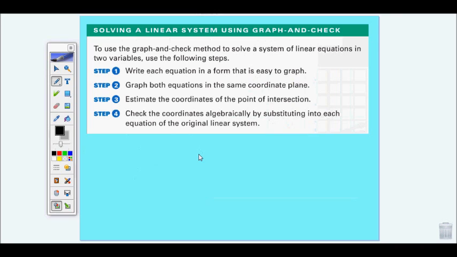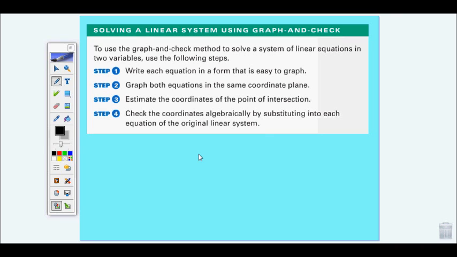To solve a linear system using graph and check, we write each equation in a form that is easy to graph. Remember, you have learned three different ways of graphing. You have learned slope-intercept, and you have also used quick graph. The third one we will learn is how to put it on a graphing calculator, which we will be doing later in class.